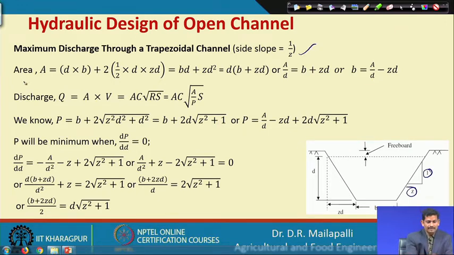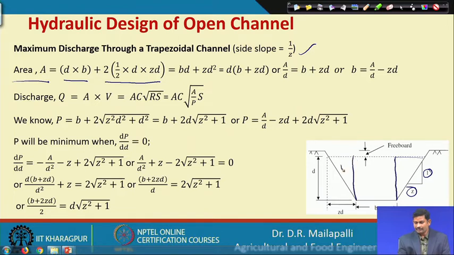Here we will follow similar steps as in the case of the rectangular channel. The area A is equal to B into D plus 2 times half into D into ZD. How do you get this? In order to get the area, this is one triangle, this is another triangle, and this is the third.